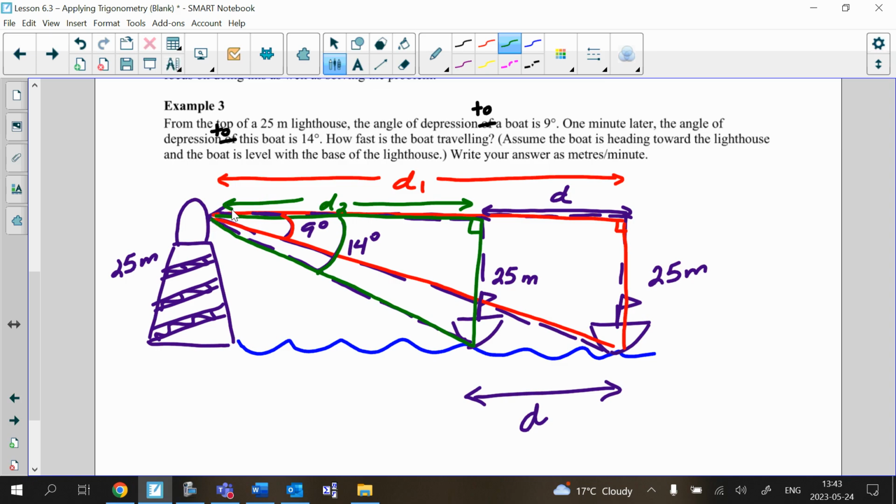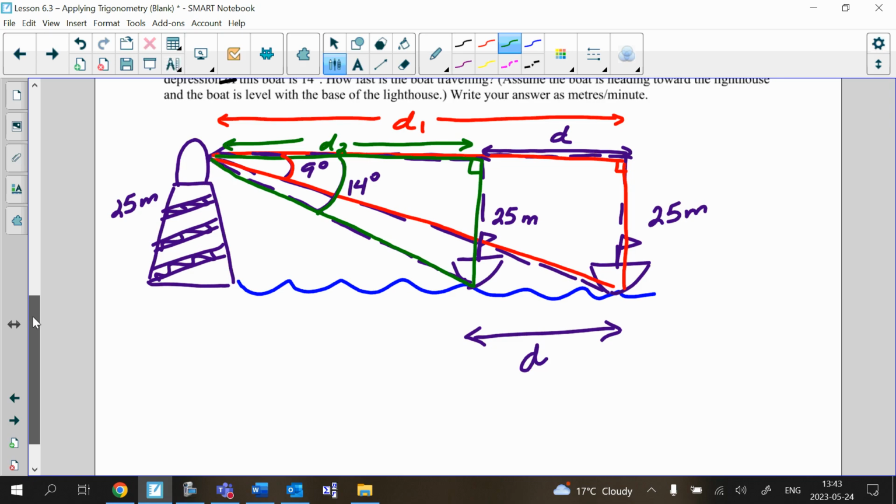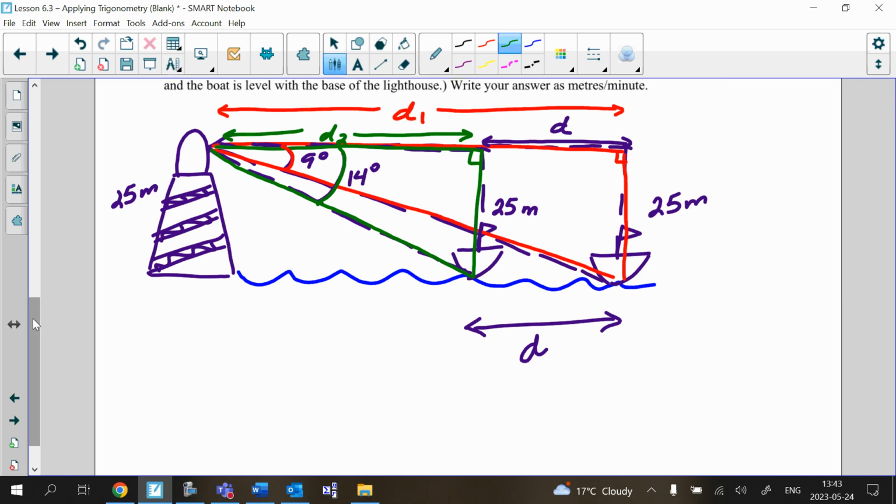Okay, so yeah, it's important to draw a good diagram. If you're drawing it, don't make it too small, because then it gets really hard to read. Okay, so the long red one, D1. So that's 9 degrees and the 25 meters. So the 25 meter side is opposite 9 degrees. D1 is adjacent, which means I'm going to use tan to find D1.